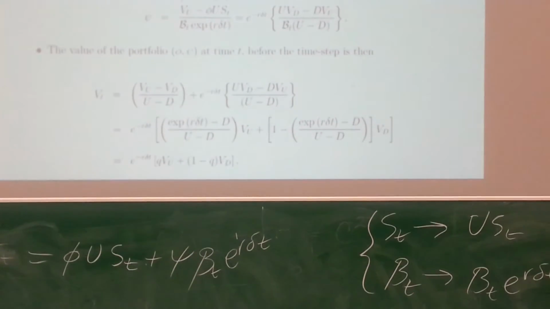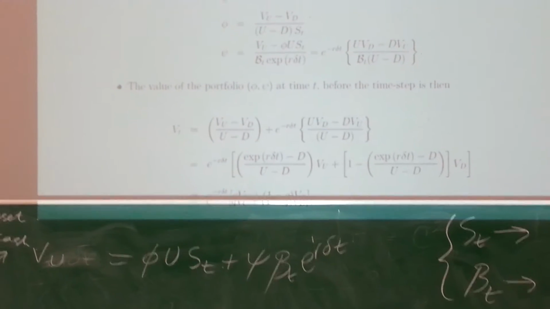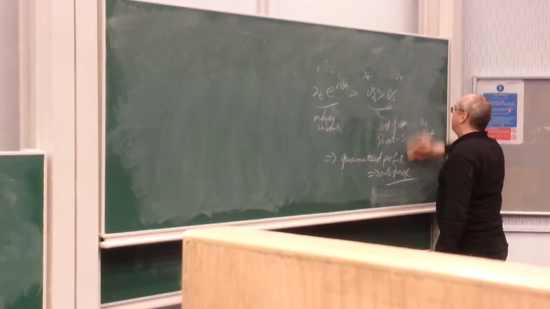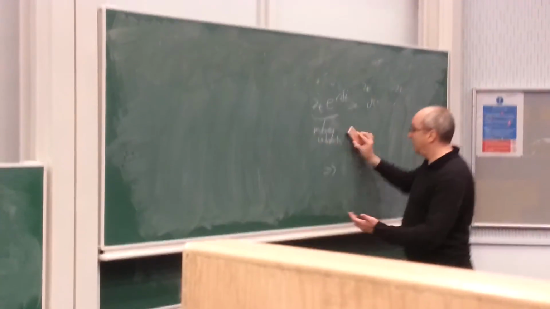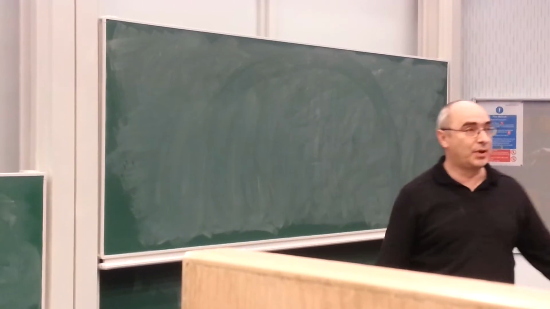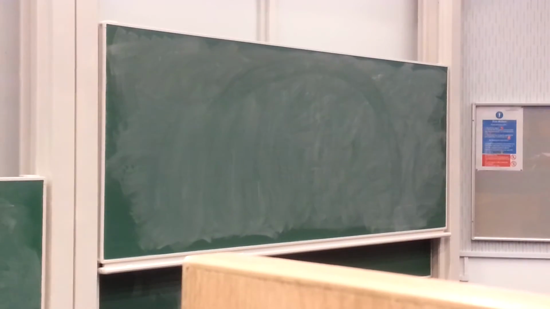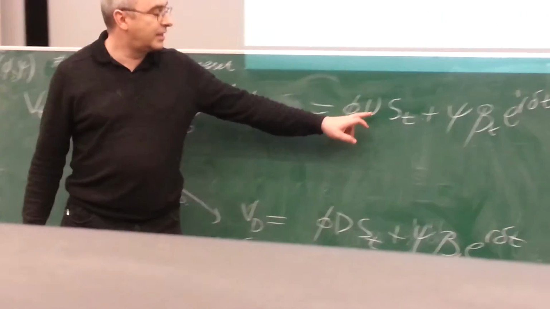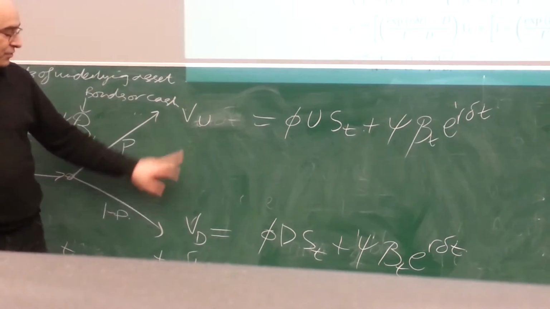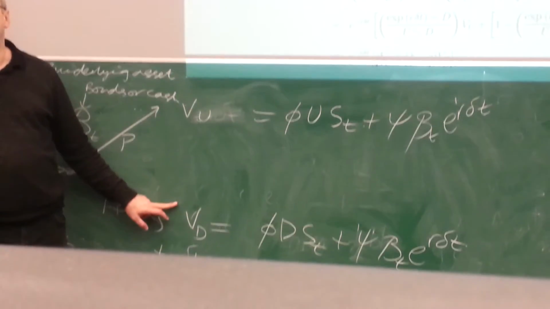Now, here's the tricky bit. So what have I got here? I started off with something that I know. At time t, I chose a certain number of shares. I know the share price at time t, and I bought so many bonds. Whatever I choose for phi and psi here, given the u and the delta t and the r, I can predict what the future values are going to be.